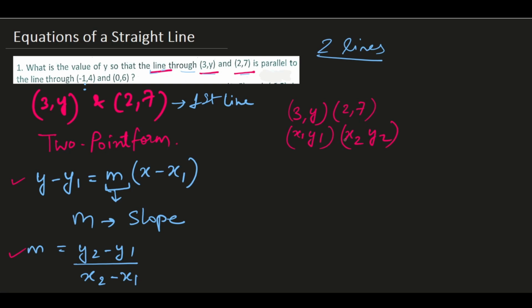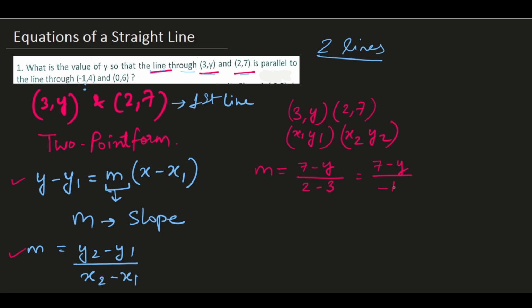Means 7 is y2, 2 is x2. Okay, let's put the values here. First we'll find out the slope. So m is equal to y2, that is 7, minus y, divided by x2 minus x1, 2 minus 3. So it will be 7 minus y divided by minus 1.